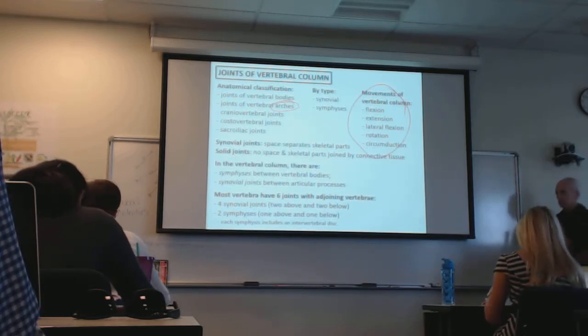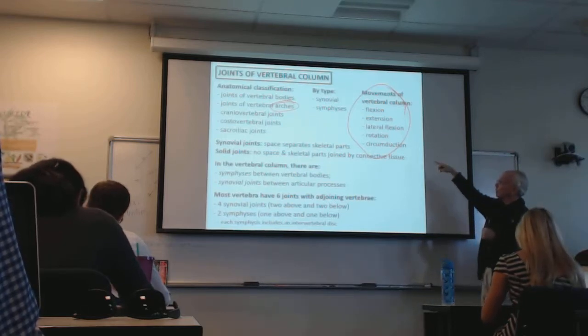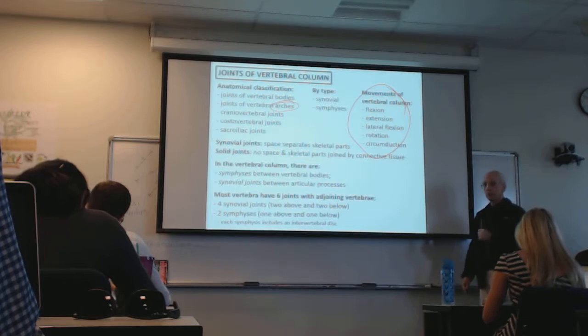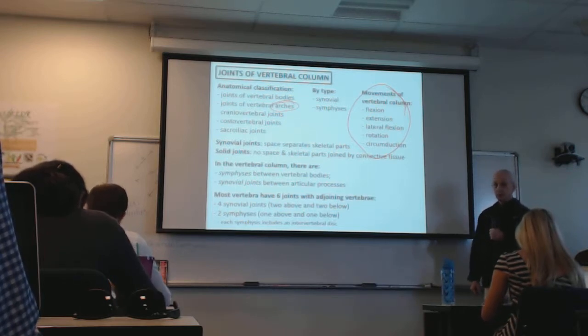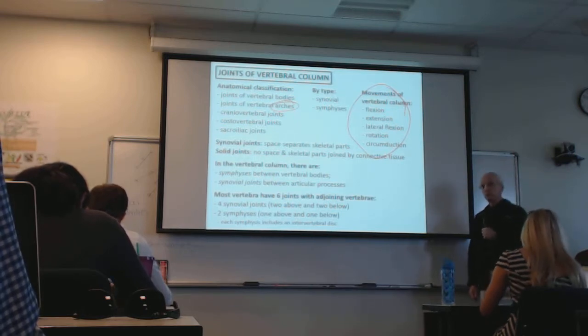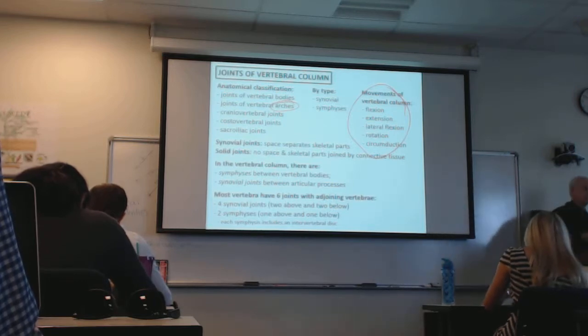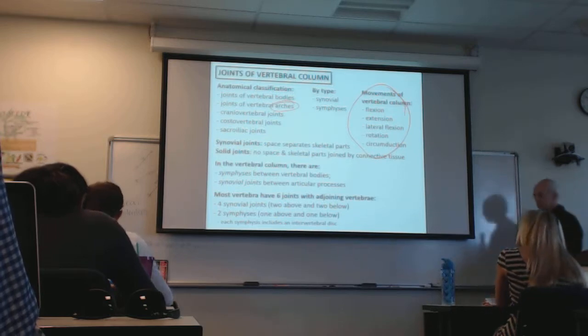Later, as I've indicated, we'll differentiate the intrinsic and the extrinsic muscles of the back. Most of these motions, then, are achieved by intrinsic muscles of the back. That is to say, muscles that extend up and down the back, up and down the various processes, and to a lesser extent the ribs, that enable you to articulate the spinal column: extension, flexion, lateral movement, rotation, circumduction, and so on. Can you distinguish rotation and circumduction of the vertebral column?